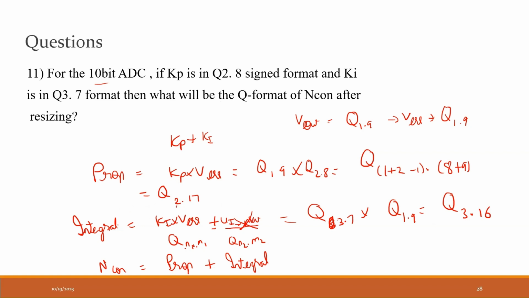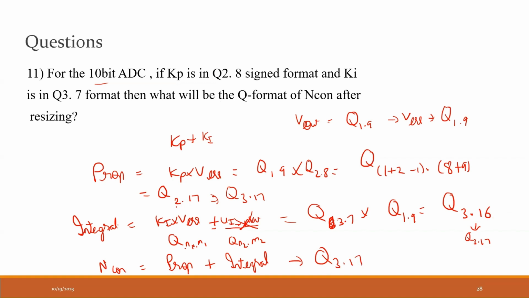And when you do that, we have shown in week 7 or 8 how the value remains the same, although we add extra bits. So this we will convert into Q3.17. And in this one, we will pad the LSBs with zeros. So this also will convert to Q3.17. So my effective format of Ncon will be Q3.17.